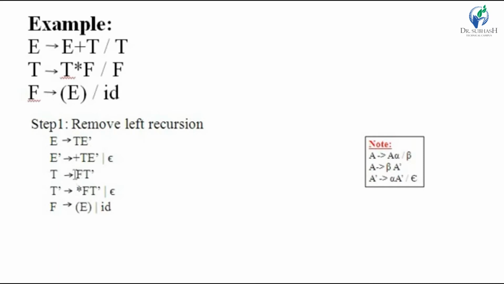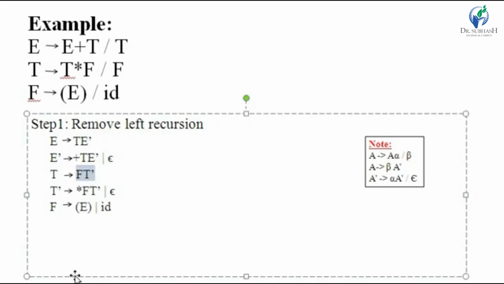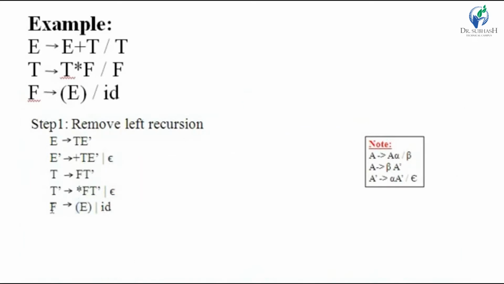First of T is equal to first of F T dash. So first find first of F. First of F is equal to opening bracket and id. First of F is first of opening bracket, which is a terminal.